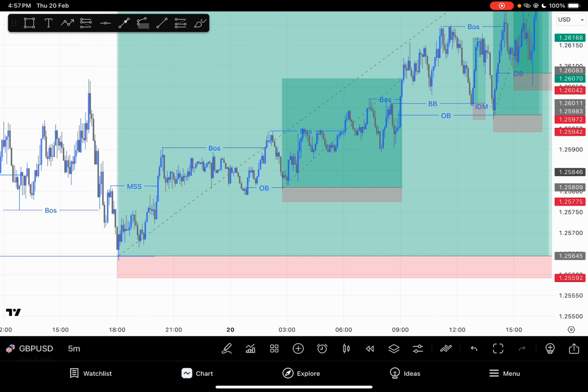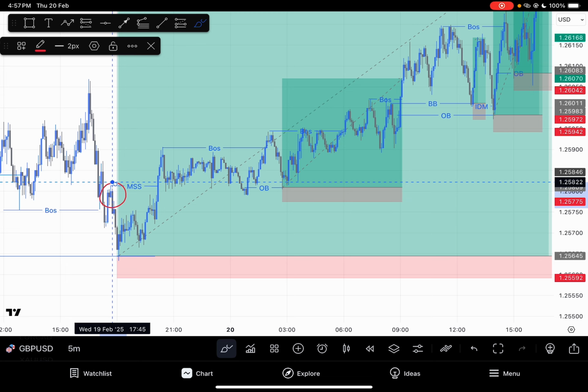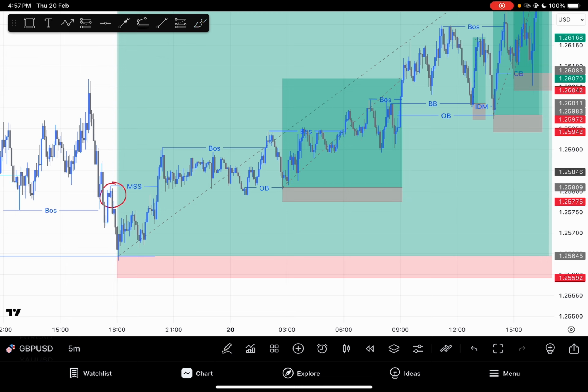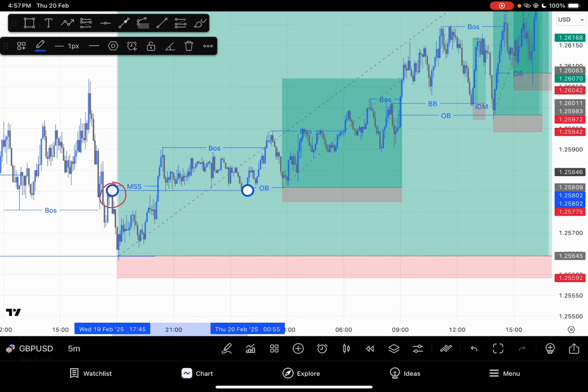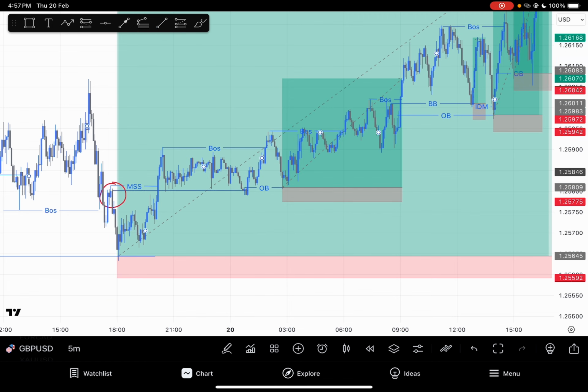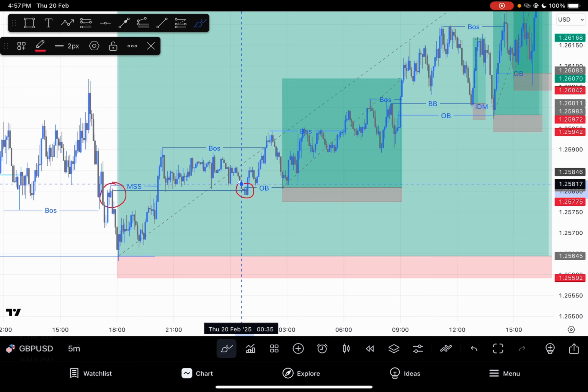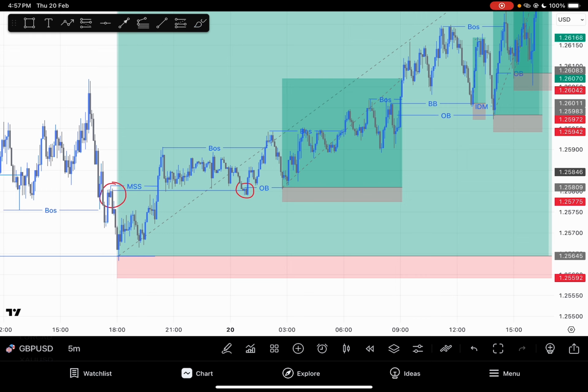After price did that market structure shift, this previous order block automatically turned into a breaker block, and price must always come back to retest on it. That's why if you draw this line back now, you see immediately price tapped on the line and pushed to the upside.